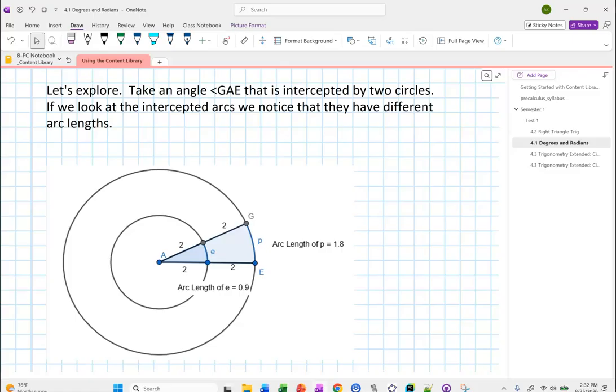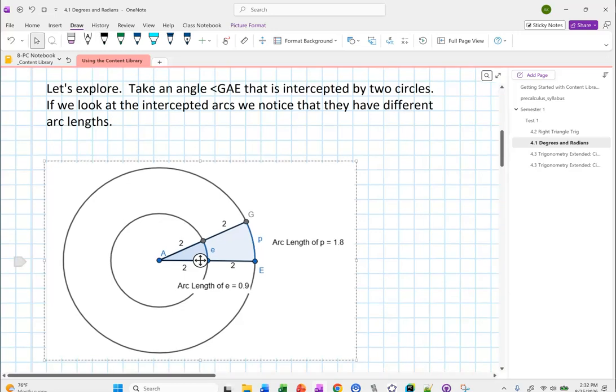I drew an angle. Notice that this angle, GAE, is the same angle in the little circle as it is in the big circle, right? So it has the same angle measure. Everybody agree? Okay. This is going to be my key observation.